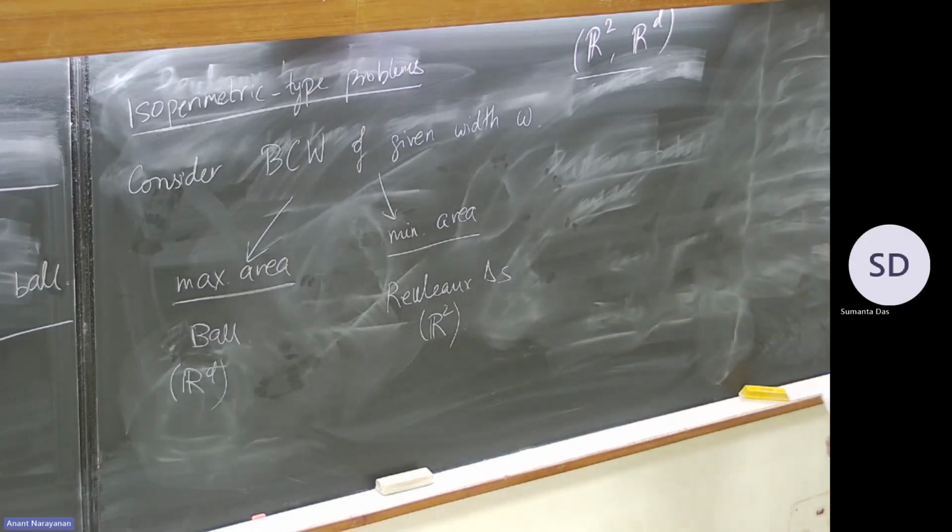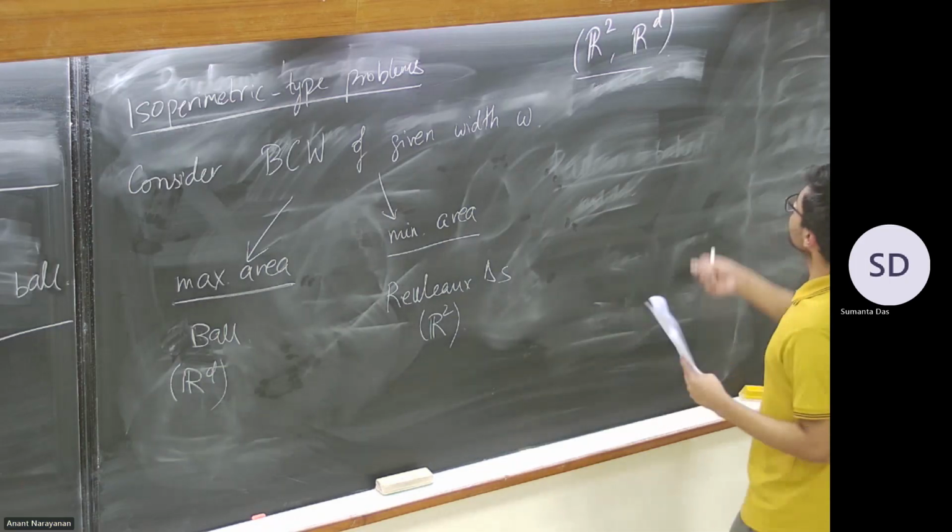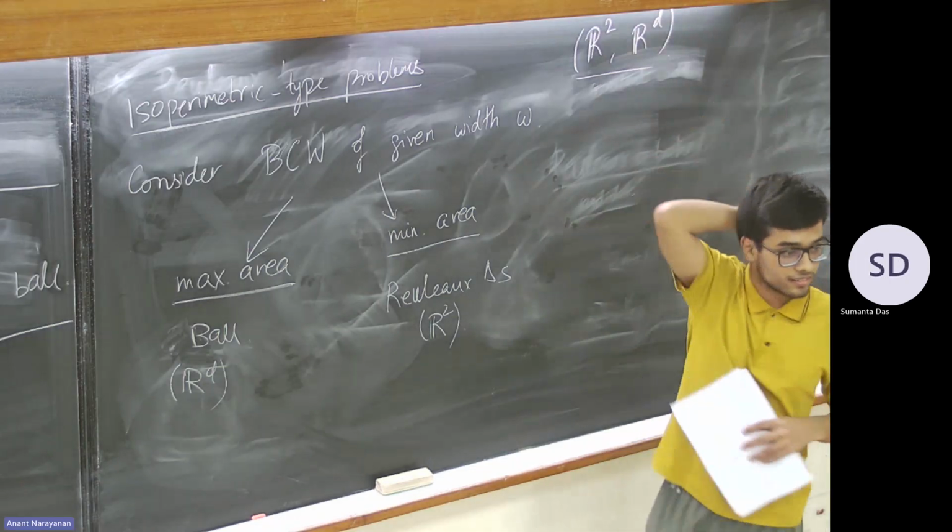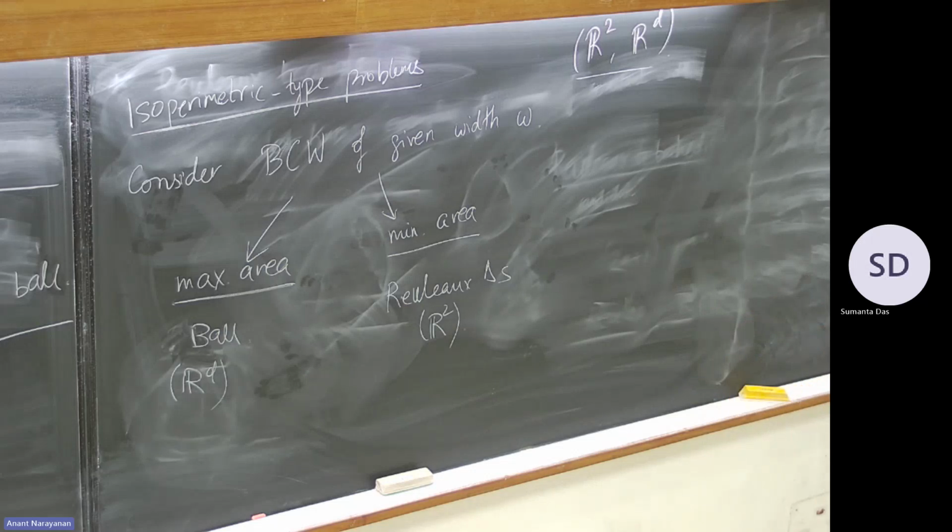In R2, the Reuleaux triangles are unique, under rigid transformations: translations, rotations, reflections. And the D simplex. Okay. No, the tetrahedron, the body you construct with the tetrahedron.